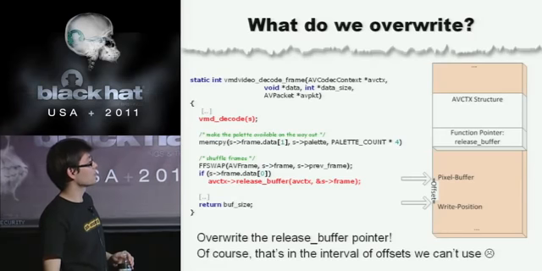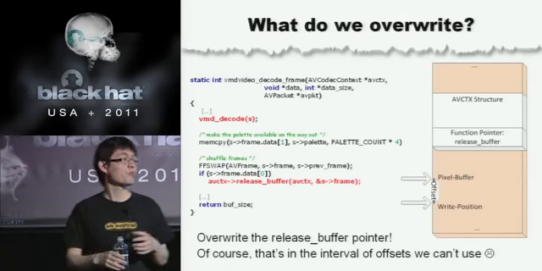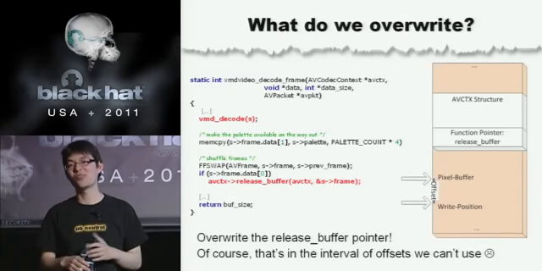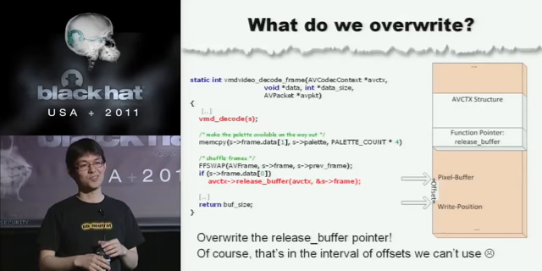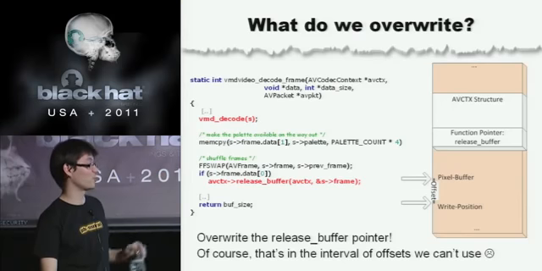Now this structure, avctx, the AV codec context structure, is allocated as the program is started. So it's usually further up, and it's in that interval that we can't write to, and that sucks. So we have to find some way of getting past that limitation to overwrite the release buffer pointer.